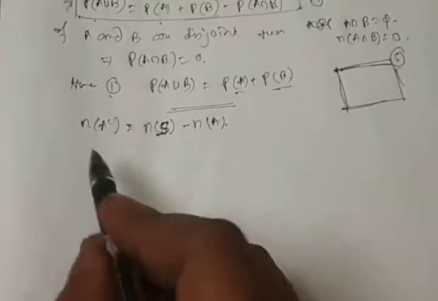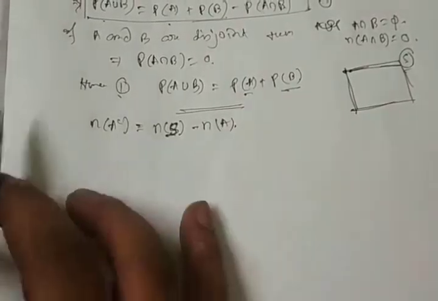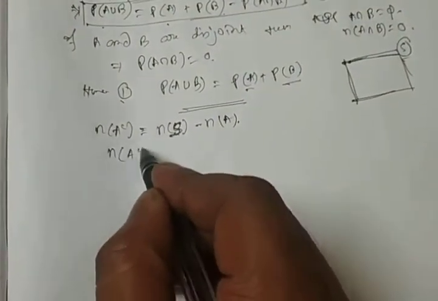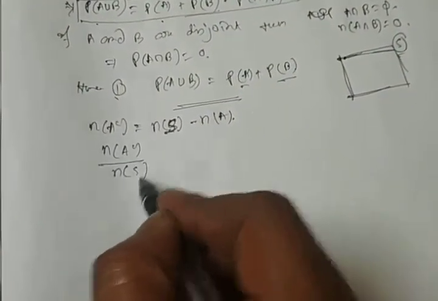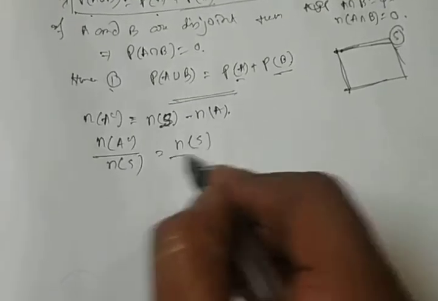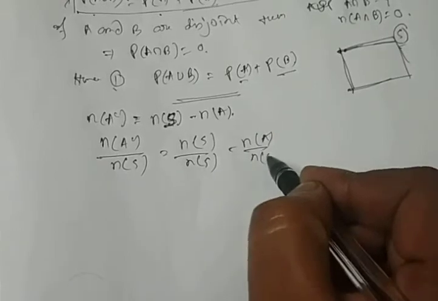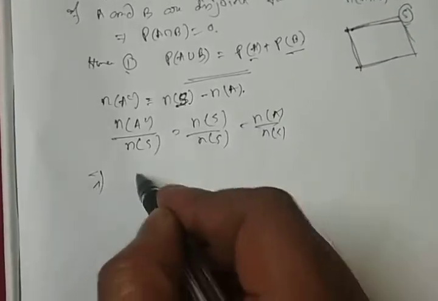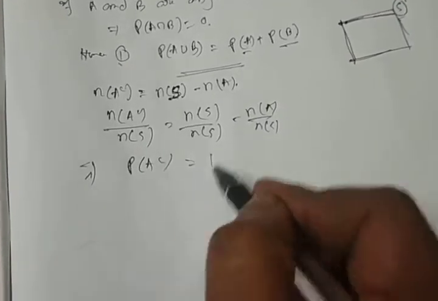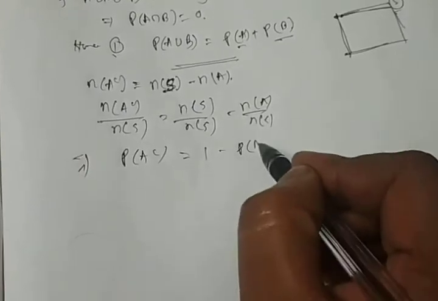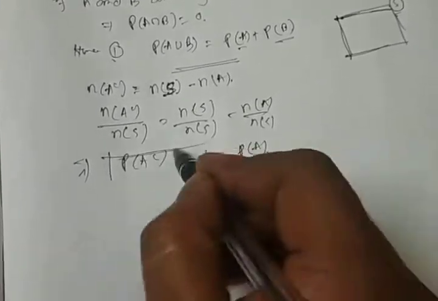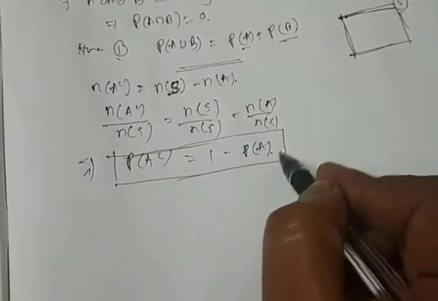So n of A complement equals n of S minus n of A. So n of A complement divided by n of S equals n of S by n of S minus n of A divided by n of S. That implies P of A complement equals 1 minus P of A. So this is the complementary property of probability.